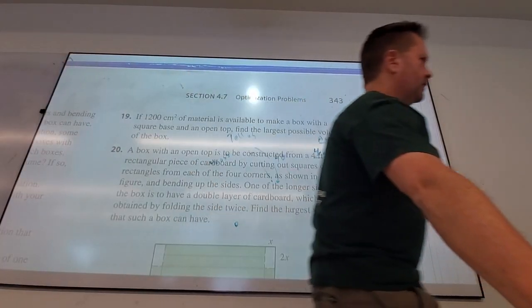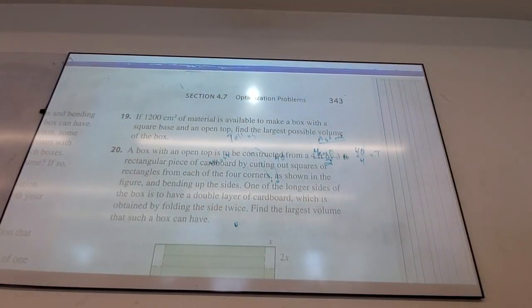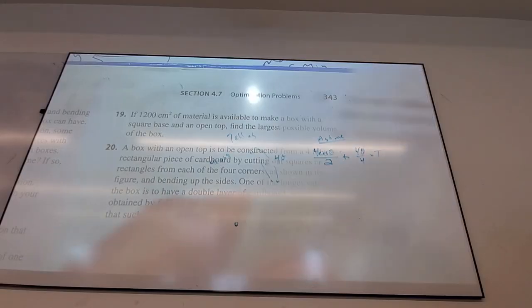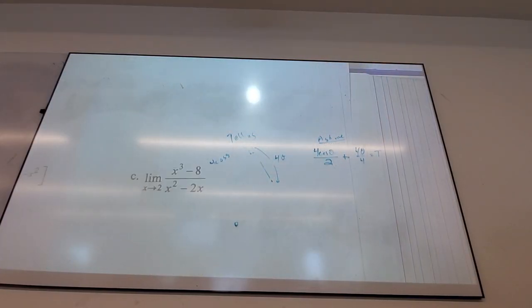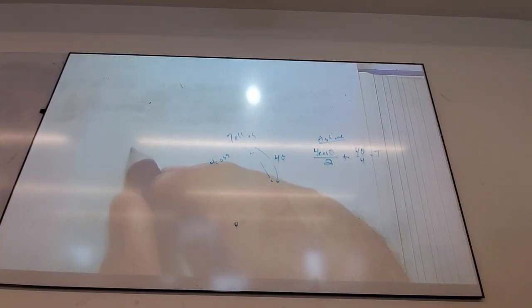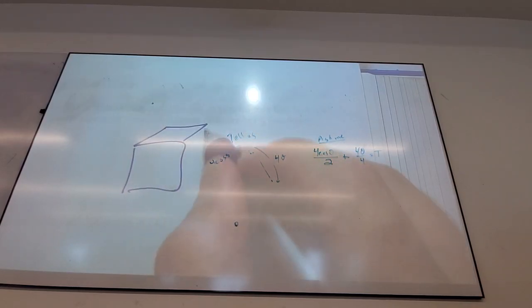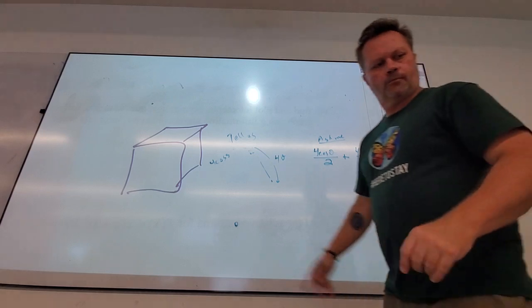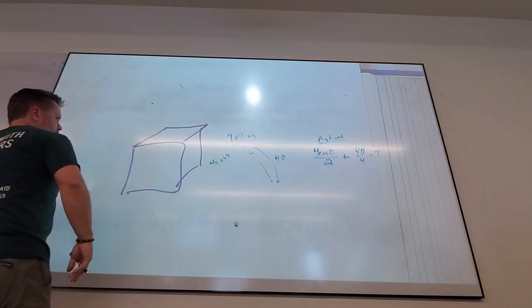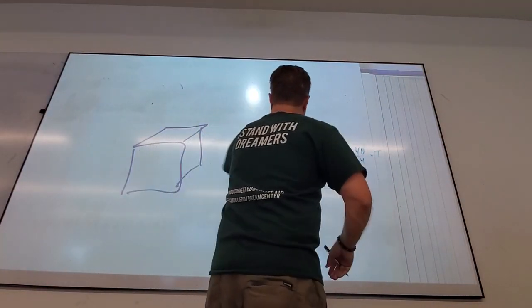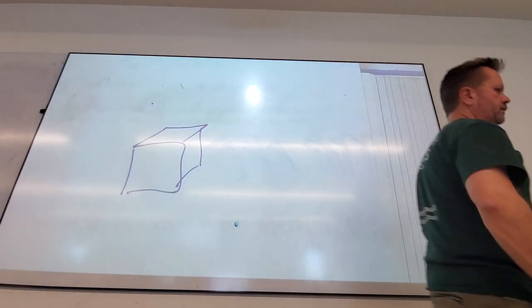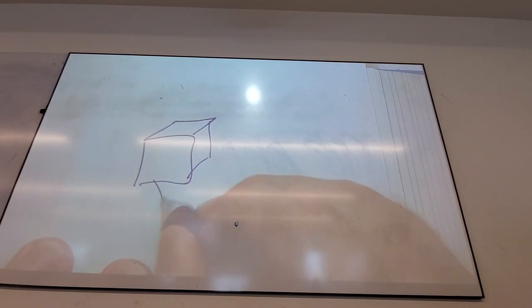So it's a really good idea, if you currently can't, to find a way to become able to draw that, just a crappy little box. The base is a square. So I can make the lengths anything I want as long as they're the same. So we can make an X and X.